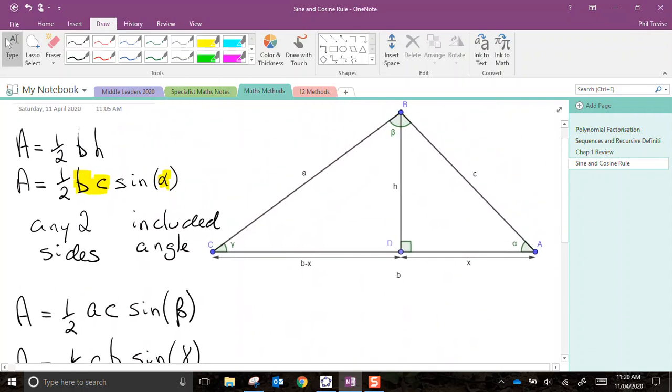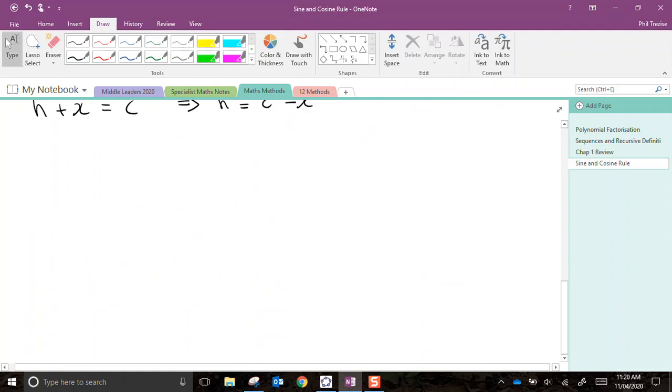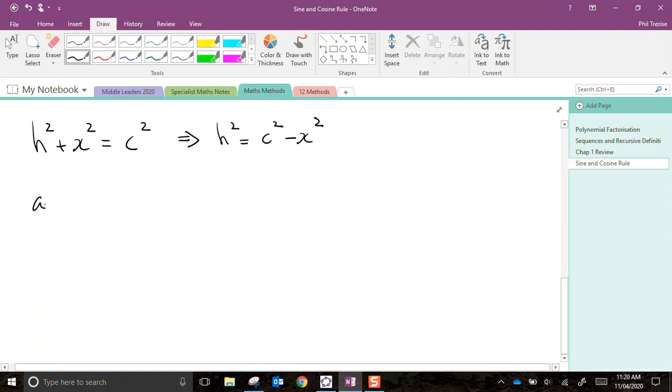Then looking at the other right triangle here on the left, I would have h squared, now I have b minus x all squared equals a squared. So let's write that down. a squared equals b minus x squared plus h squared. Now this is where I need my replacement for h squared. So let's keep going.